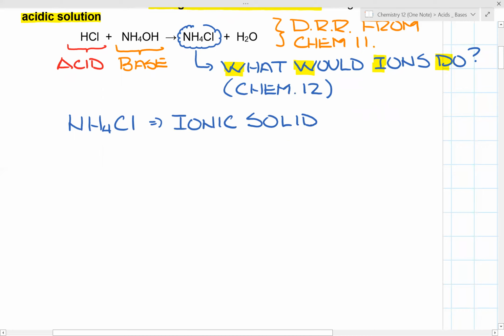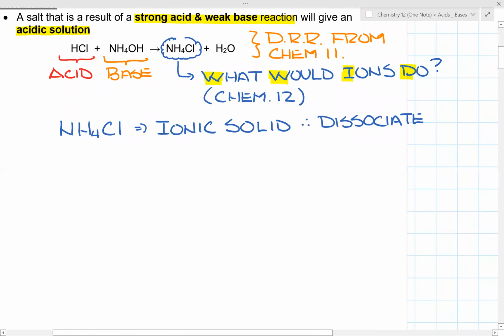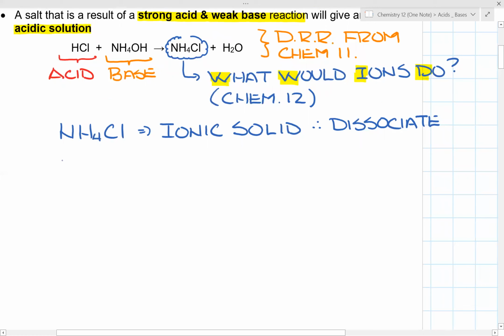Remember, dissociation is breaking apart into ions. So therefore, dissociate. Okay. Now, NH4Cl will break apart to NH4 plus and Cl minus 1.